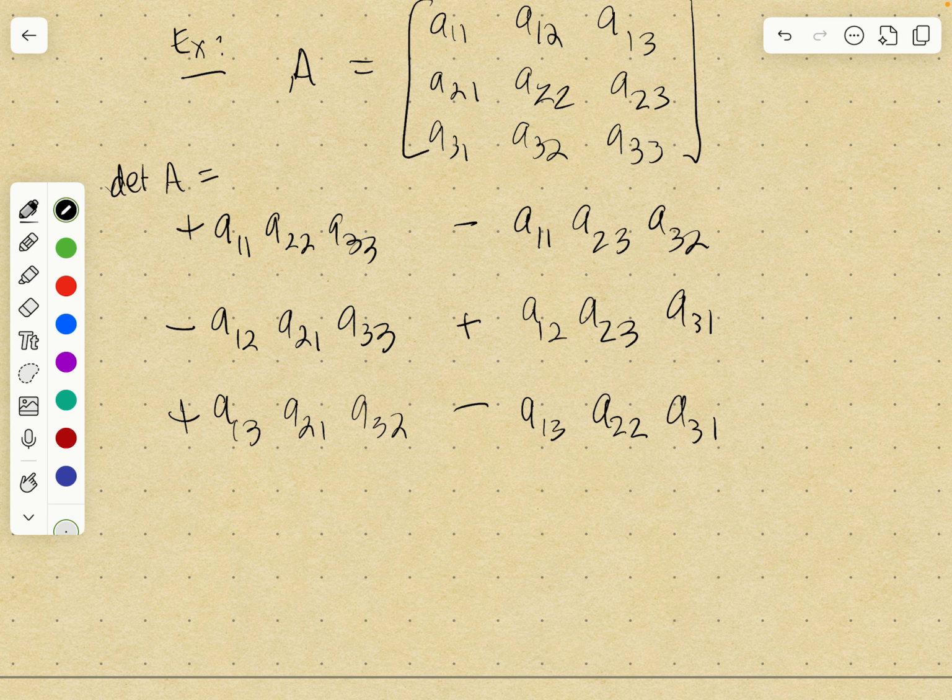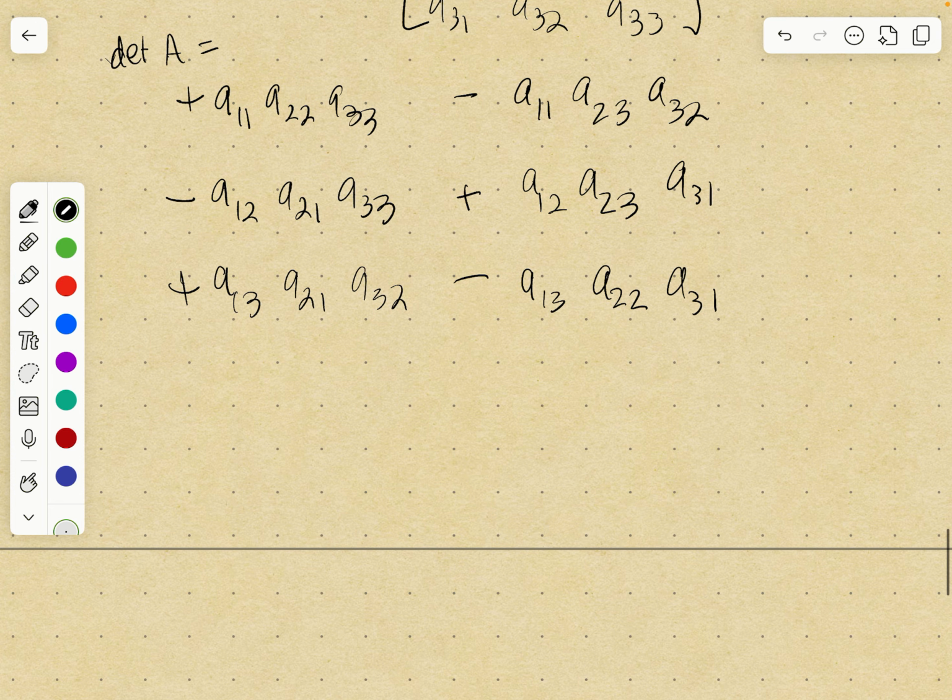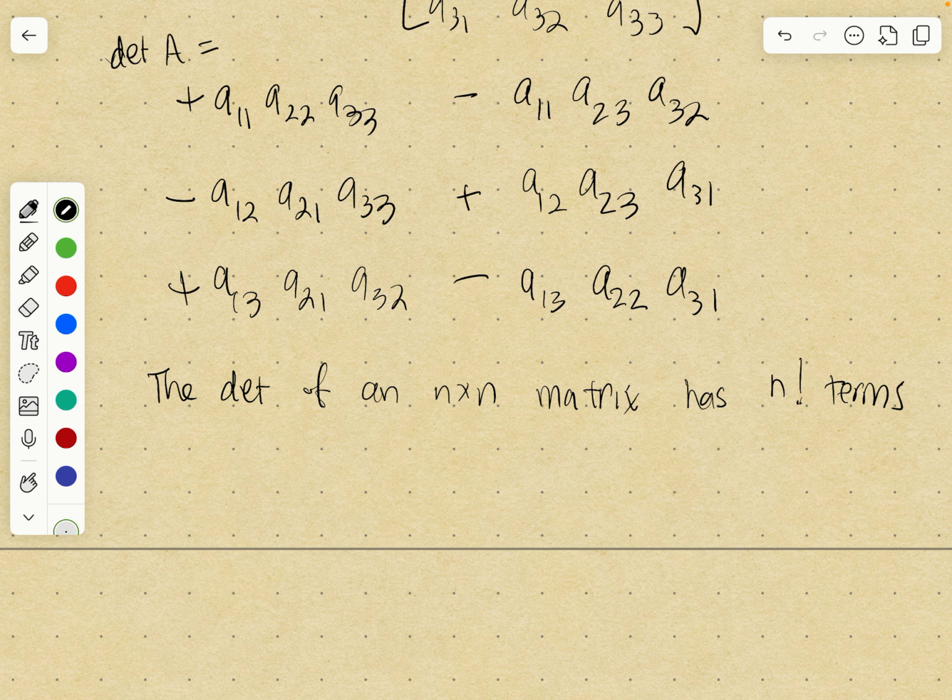It's this number. Well, now you see the problem with this is that the determinant of an n by n matrix will have n factorial terms being added or subtracted, right?